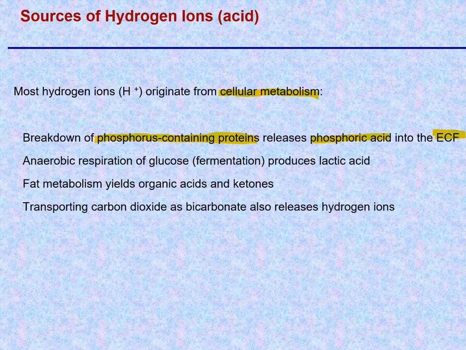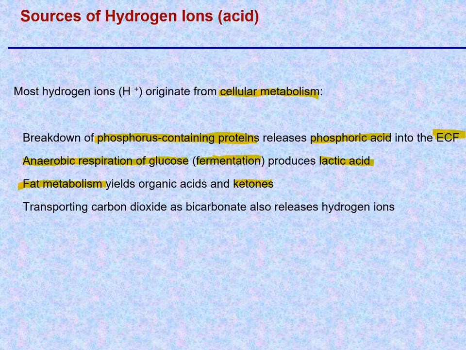Another source of hydrogen ions is the anaerobic respiration of glucose during lactic acid fermentation, which produces lactic acid. Also, the breakdown of fats can generate ketones, which are quite acidic.